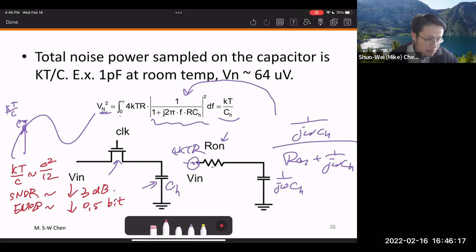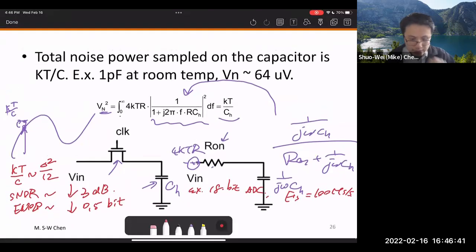Okay, so let's do a quick example for calculations. Let's say I'm designing an 18-bit ADC, and I want to sample at 100 megahertz, so 100 mega samples per second.